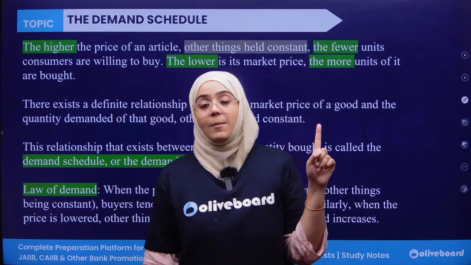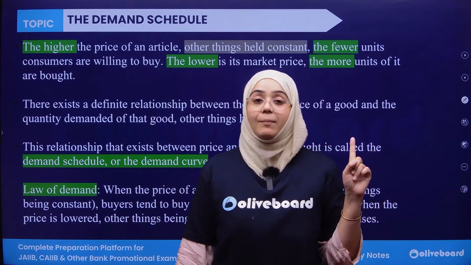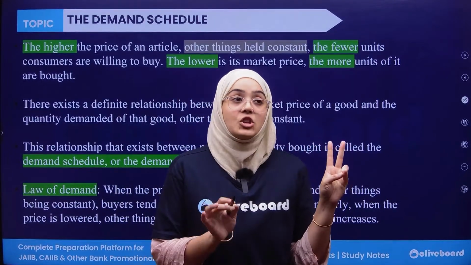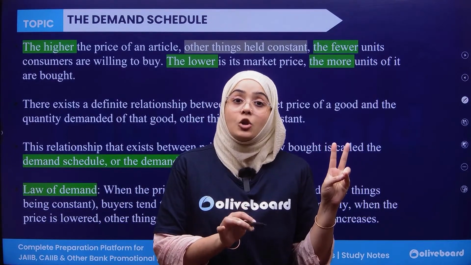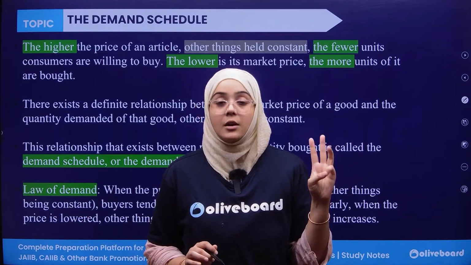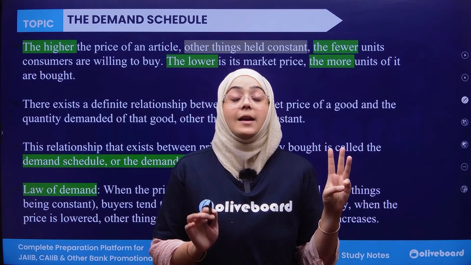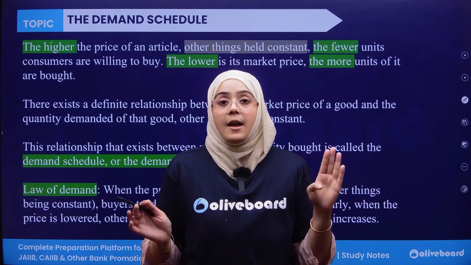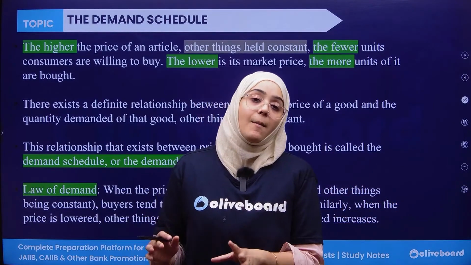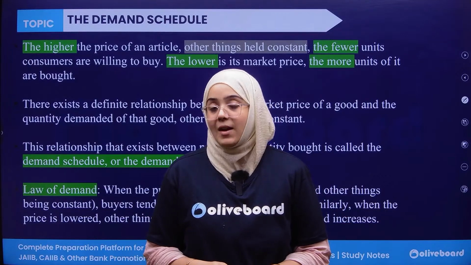So first, the law of demand is from the buyer's perspective. Second, it states the relationship between the change in price and its effect on the quantity demanded of that product. Third, it says that if the price of the commodity changes, the quantity demanded of that commodity will change and vice versa.